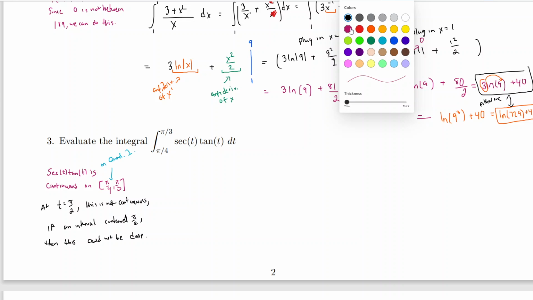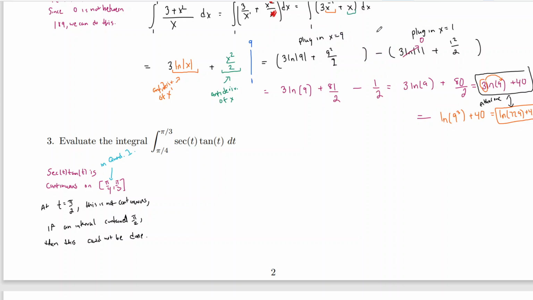But the nice thing is, when it comes to antiderivatives, the trig antiderivatives are always kind of weird. I'm going to rewrite it just so I can write it in line. But if you look back at your formula sheet, you actually have the exact formula for this antiderivative.